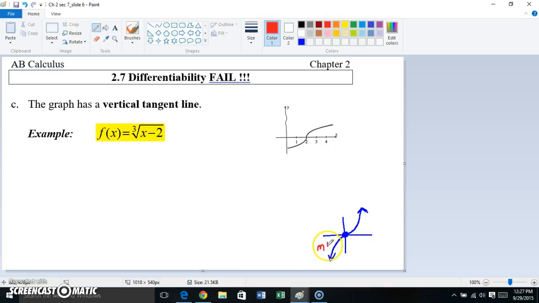Slopes are positive here, slopes are positive here, but right at this point, slopes are actually 0. Okay, well, the inverse function, the cube root function, will, instead of having a horizontal tangent, on y equals x cubed, here we have the horizontal tangent. On the cube root graph, we're going to end up having a vertical tangent.